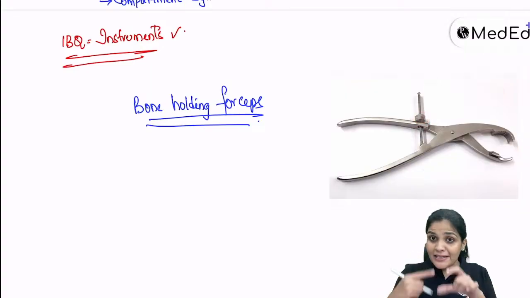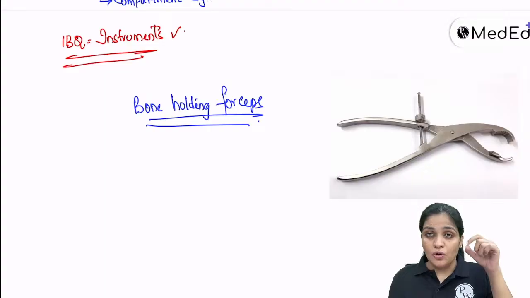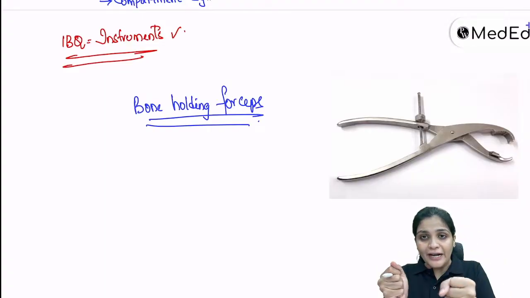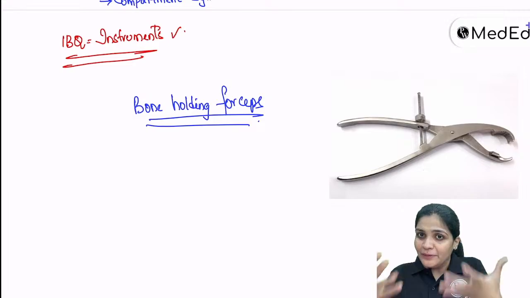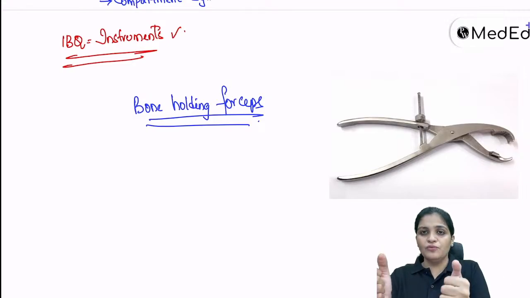So there are various bone holding forceps. This is AO bone holding clamp, right? Why do you want to hold the bone? You hold the bone because you want to reduce it. When we deal with fractures, we put two bone holding forceps on two fragments, right?